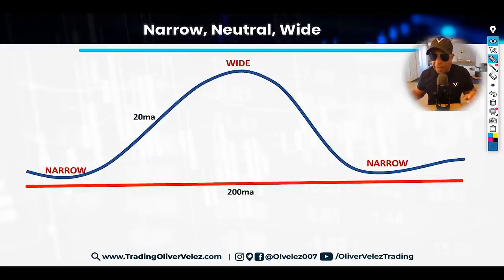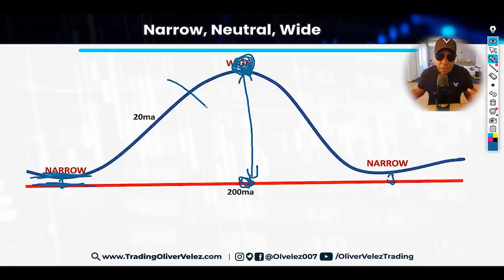And so on the left-hand side, you see narrow state. The 20 and the 200 are relatively close and the 20-period moving average is flat. In the middle, you see a wide state where the 20-period moving average and the 200-period moving average are far apart from each other. So you've got the narrow state, wide state, narrow state, and where's the neutral state?